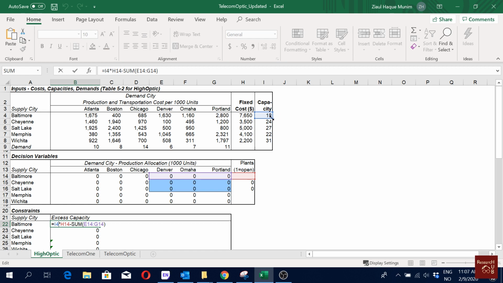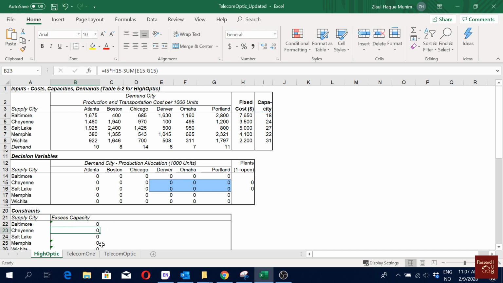My capacity is I4, that's my capacity only when it is open, so that is in H14. If it's open, then this is my capacity, minus the sum of all the deliveries that I will make from these supply locations. That is my excess capacity formulation.